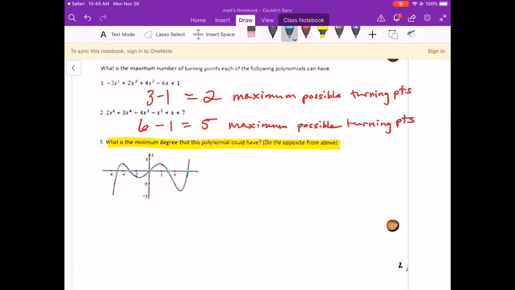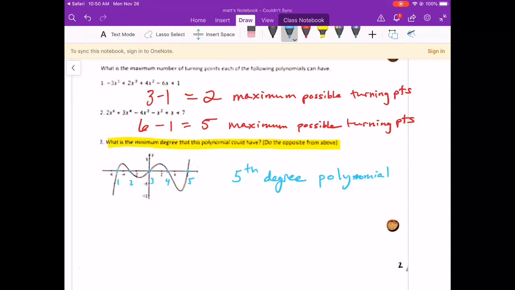Remember that a bounce would be a double root. In this case, we don't have any of those bounces on the x-axis per se, but I'll do one of those examples with you real quick. If I count here, 1, 2, 3, 4, 5, I had 5 times where I crossed the x-axis. So the highest degree here would be 5, a 5th degree polynomial. All right, again, 5th degree because it had 5 times that it crosses the x-axis.